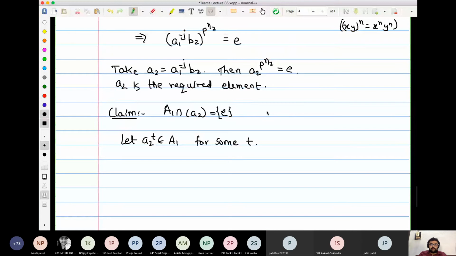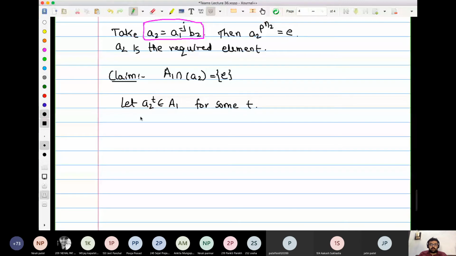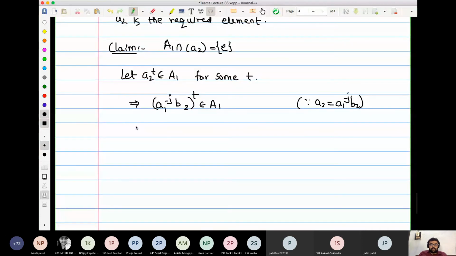So this implies A1 raised to minus J B2 power T belongs to A1, since A2 equals A1 power minus J B2. But because it is abelian, what will happen? This is A1 power minus JT and B2 power T belongs to A1.